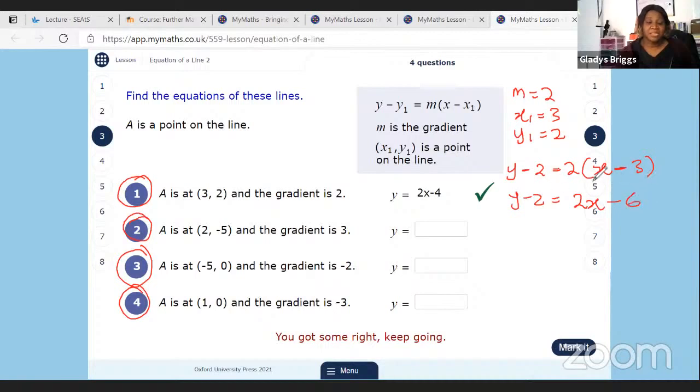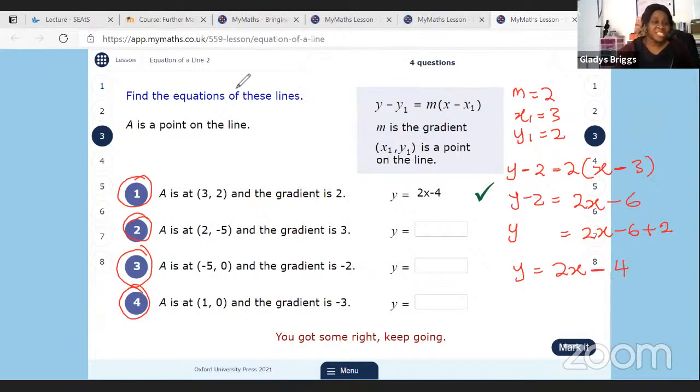You expand, yeah? Then you take this one to the other side. y is equal to 2x minus 6 plus 2, yeah? Then y would be equal to 2x minus 4. Yeah, that's how we got the answer.